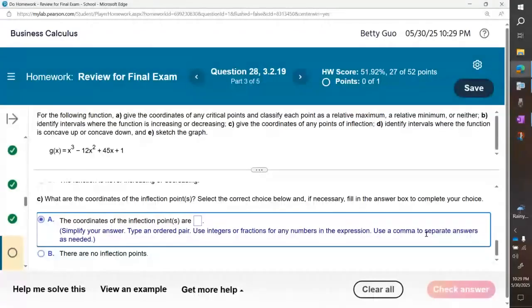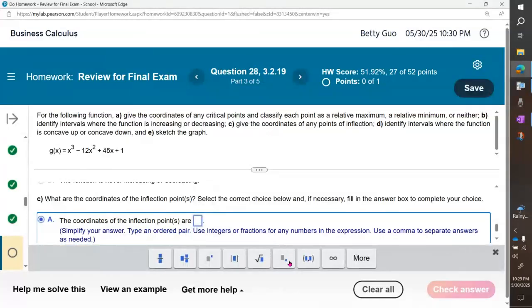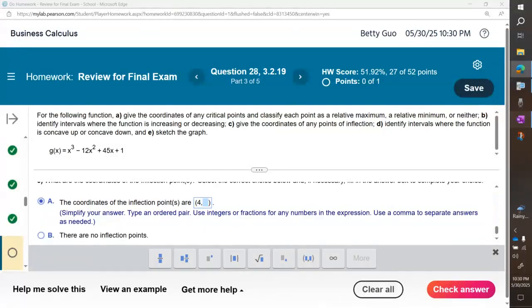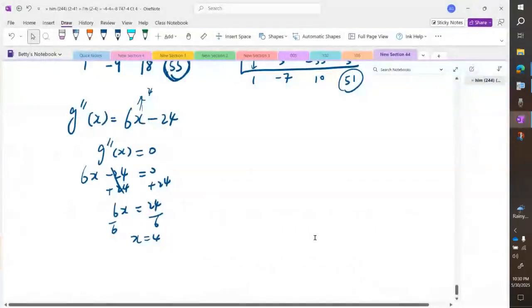Here, typing the ordered pair is very important, because you are not going to just enter 4. 4 is just the x coordinate of the inflection point. We also have to figure out the y coordinate. How do we find the y coordinate?